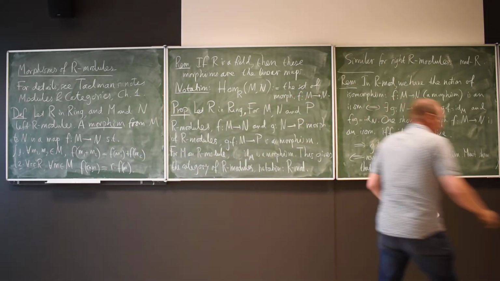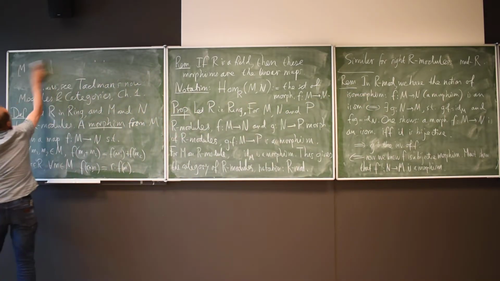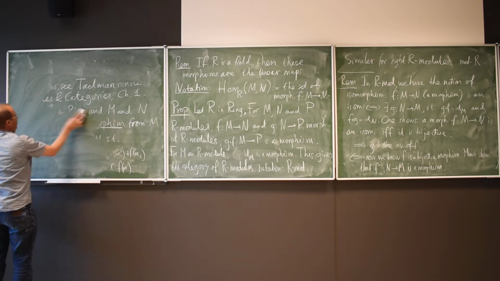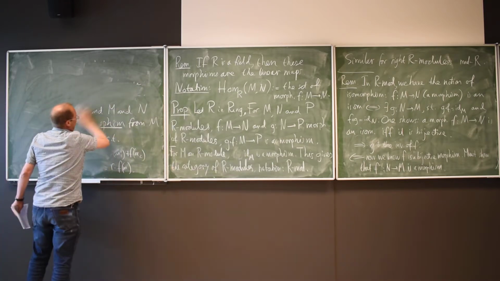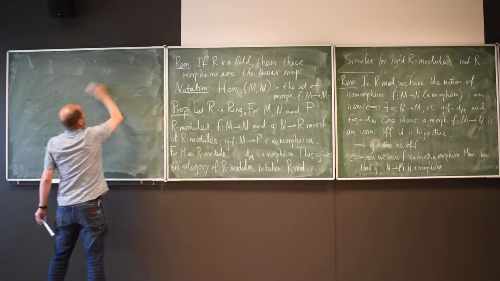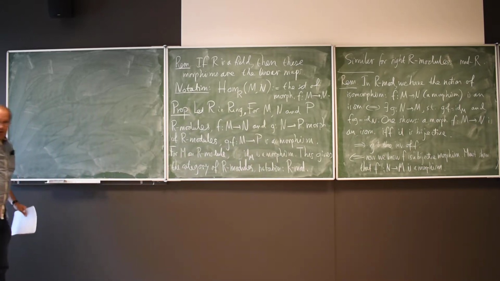Then, before we go to examples, I want to say a few generalities about the set of morphisms between objects, between R modules. It turns out that these sets have more structure than just sets.